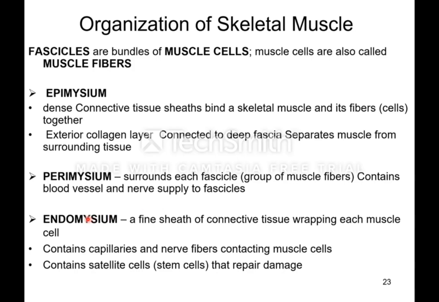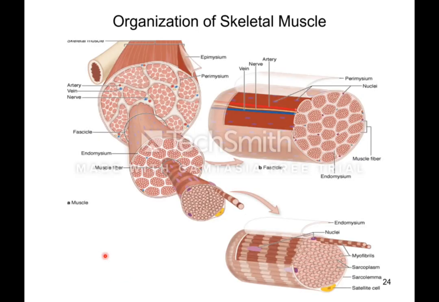And endomysium is a fine sheet of loose connective tissue wrapping each muscle fiber that contains the capillaries, nerve fibers and also satellite cells. In slide 44 you can see the schematic picture of them.